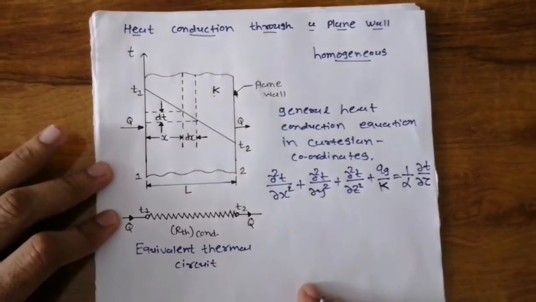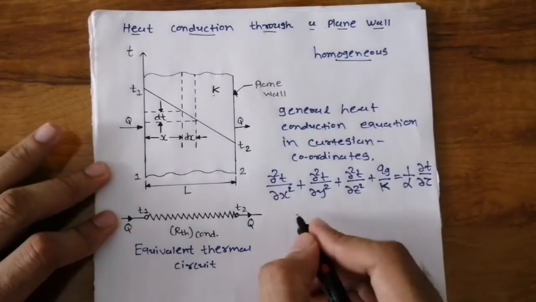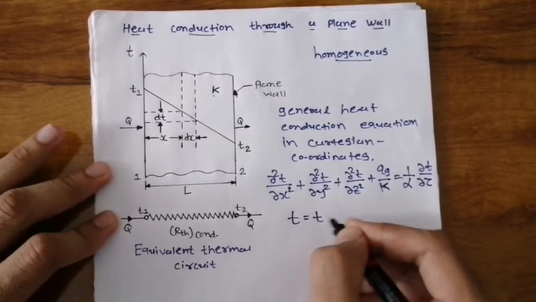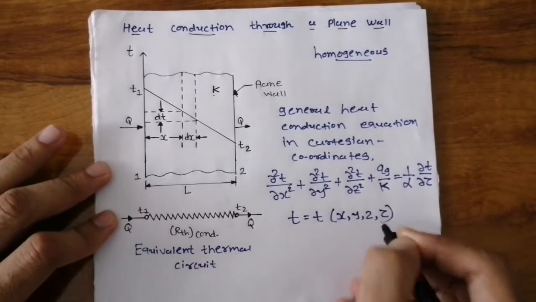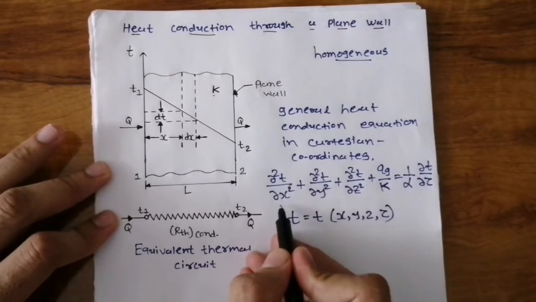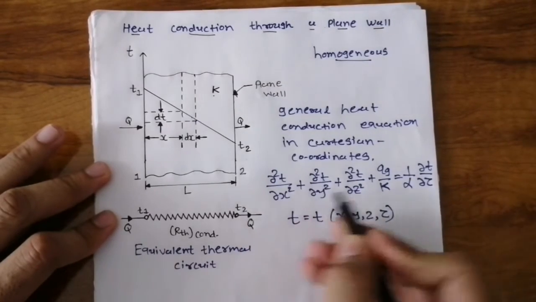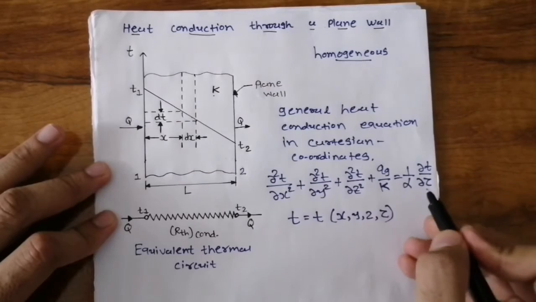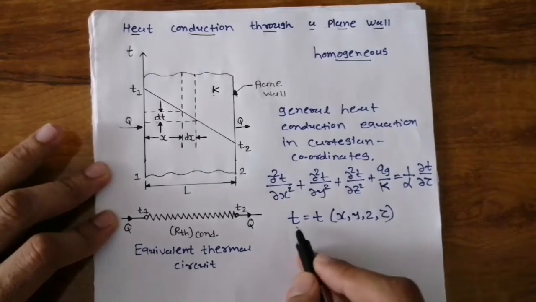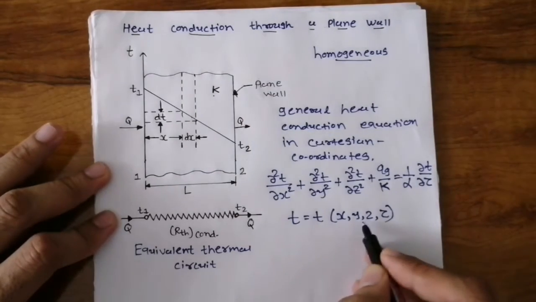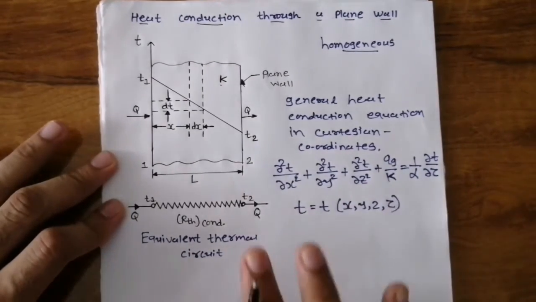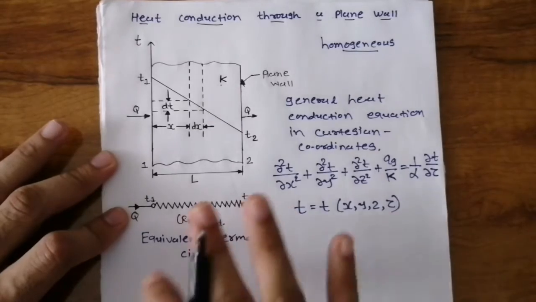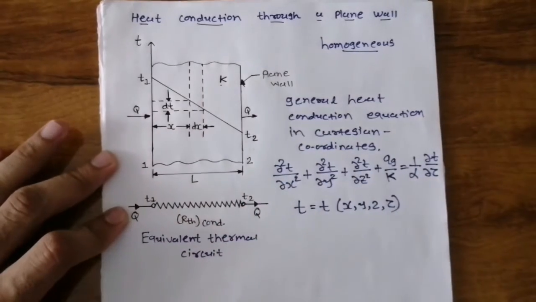From that equation we can say that temperature is a function of x, y, z and tau: temperature with respect to x, y, z and time.